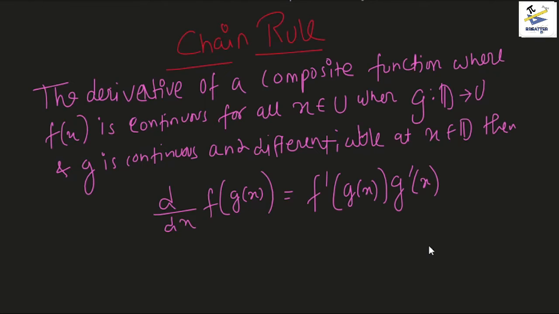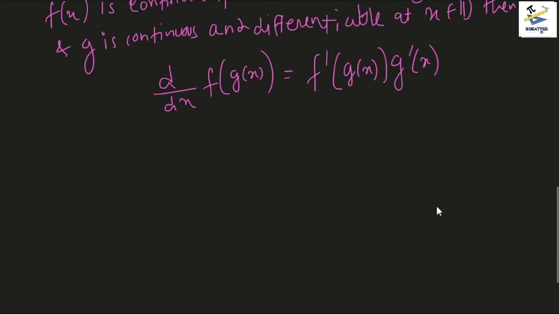But this simple definition is the key to solving all derivative problems, as you can see now. So if you remember the basic derivatives, which I can recall one by one, x to the power n is n into x to the power n minus 1, sin x is cos x, cos x is minus sin x and so on.